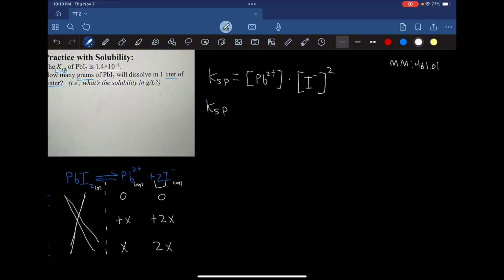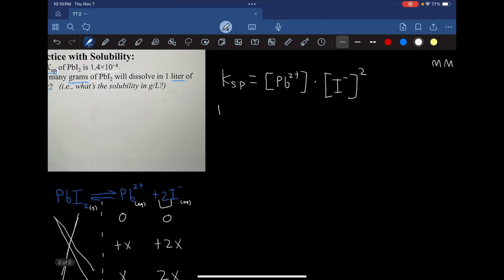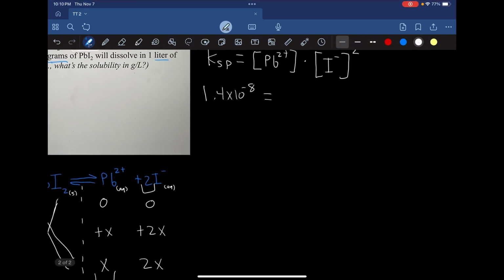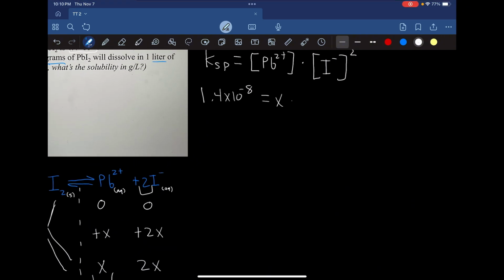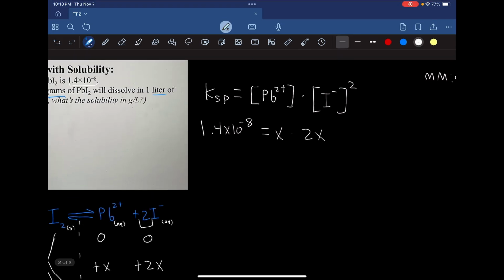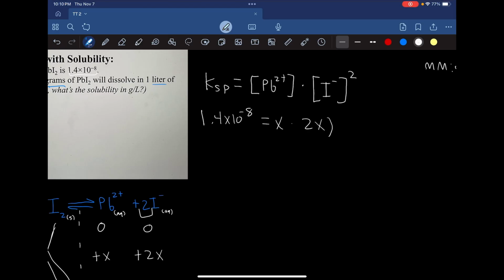We have the Ksp, so 1.4 times 10 to the negative 8 is equal to our Pb, x, times 2x, remember, squared.